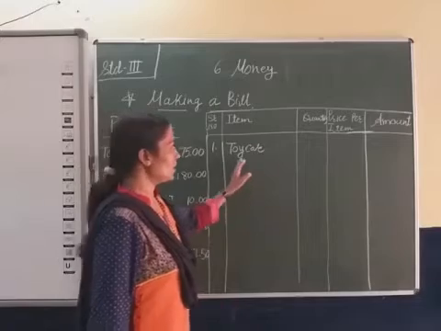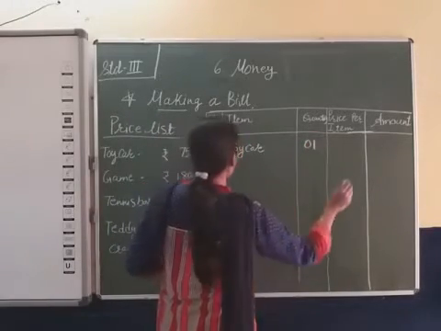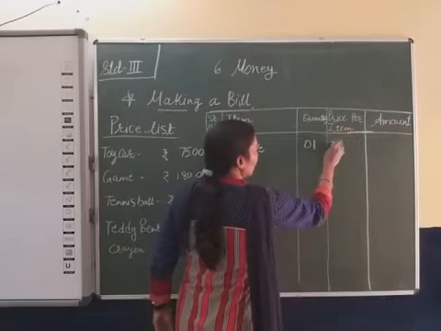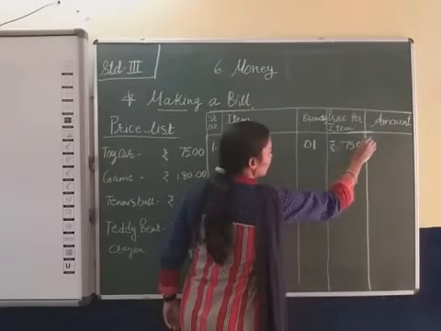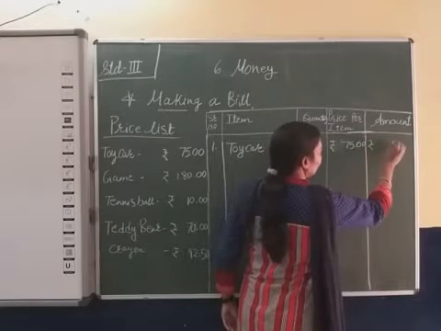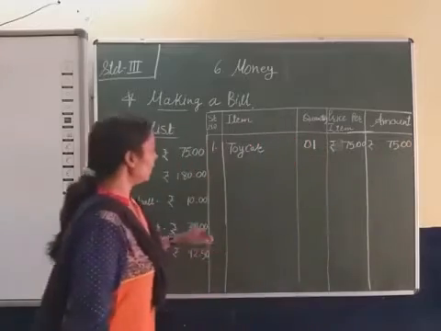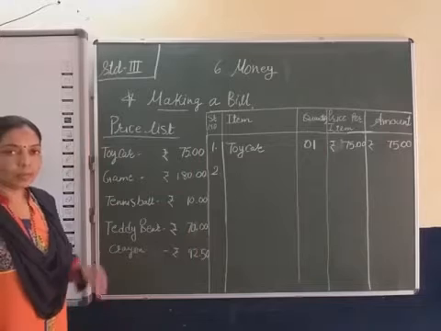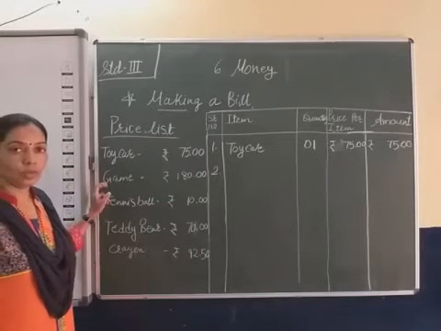If I purchase only one toy car, the quantity we write is 1 and its cost is rupees 75. So the total amount is also rupees 75. Our next item, game.